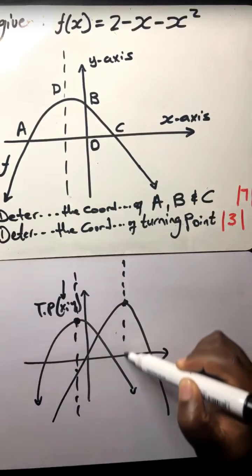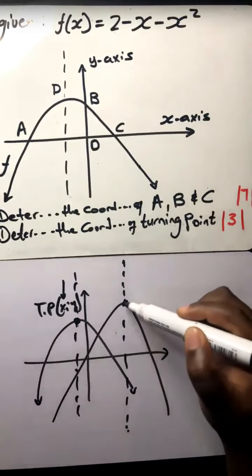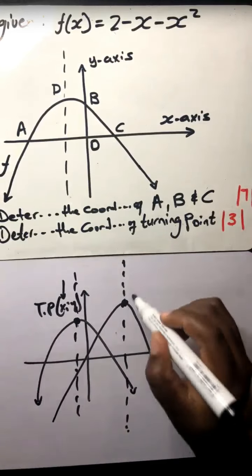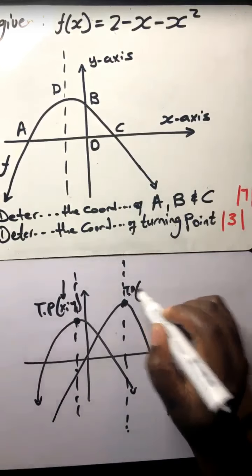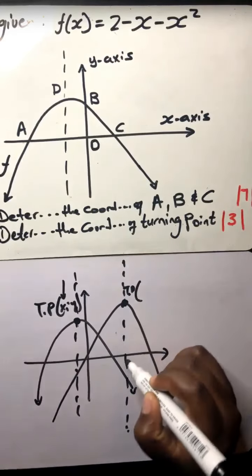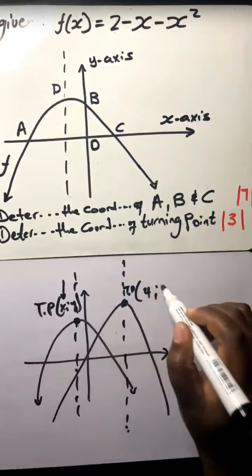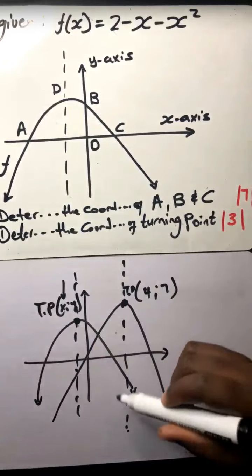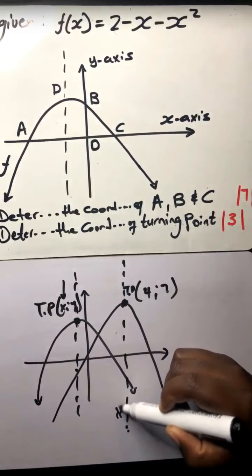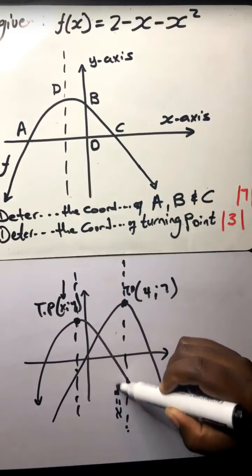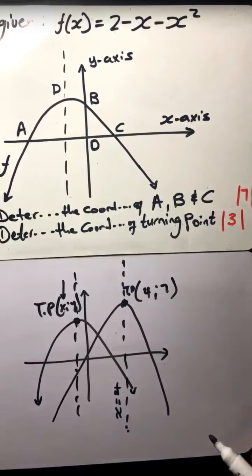then you draw a broken line along the turning point. So the x value of TP, let's say the x value there is 4, and maybe the y value is 7. So for the axis of symmetry, you say x is equal to 4. Why 4?